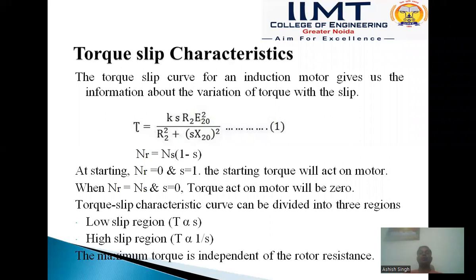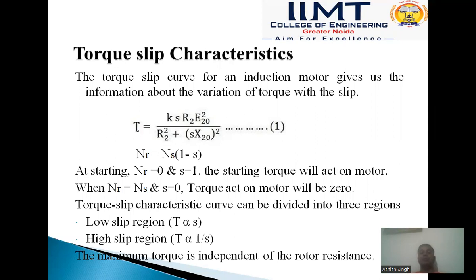So R2 is the rotor winding resistance, E20 is the induced EMF of the rotor at standstill condition, when the motor is at rest, and X20 is the rotor winding reactance. The formula for Nr equals Ns into (1 minus s). As we know, the minimum value of slip is 0 and the maximum value of slip is 1.